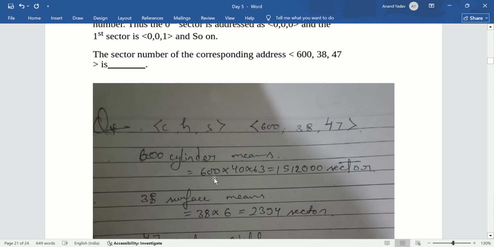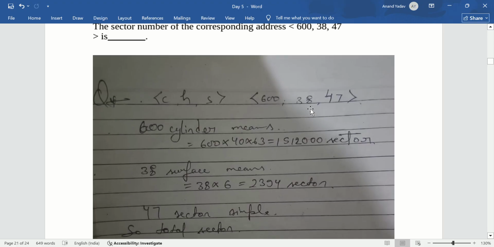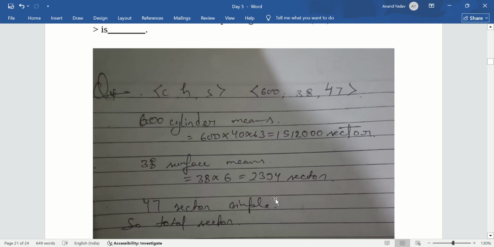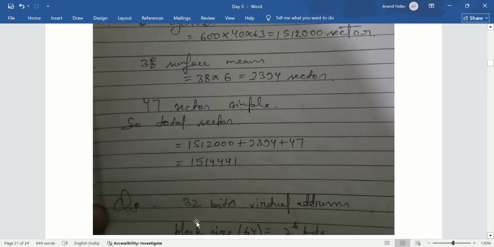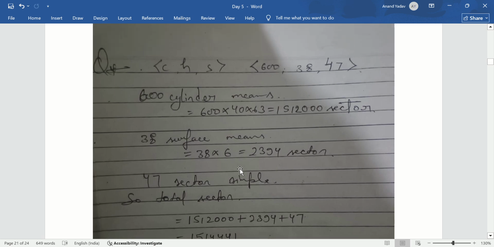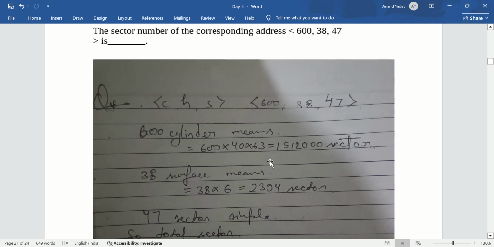For 600 cylinders, this amount of sectors, and in 38 surfaces, it contains 2394 sectors and 47 extra sectors. So the total sector will be 151441. This is the sector of this address.